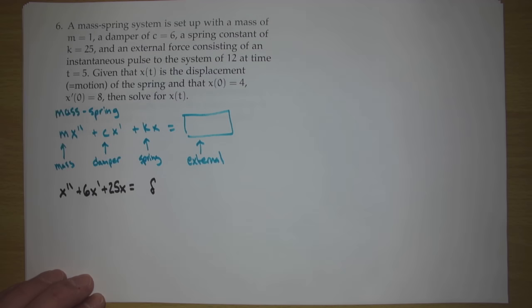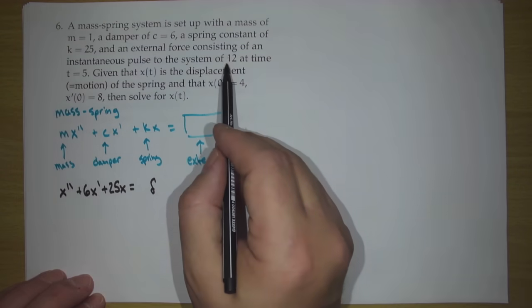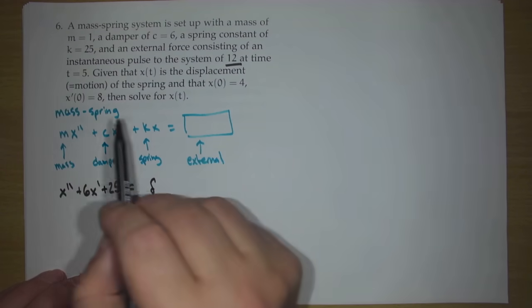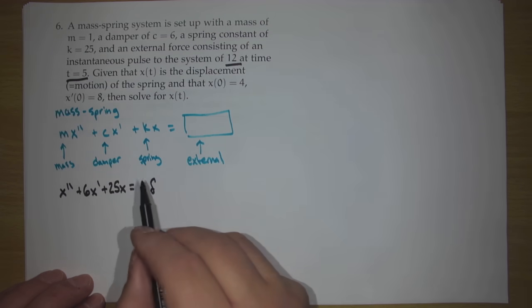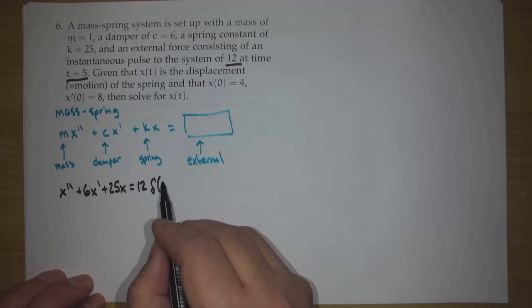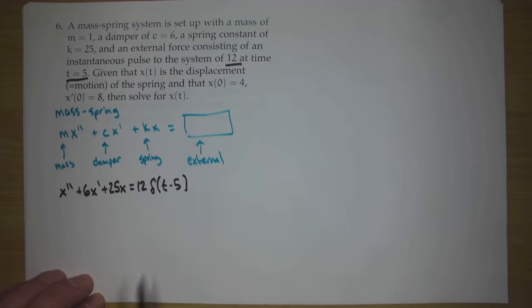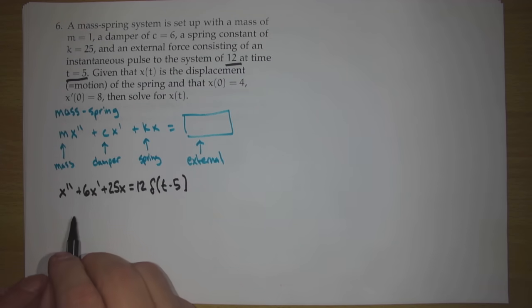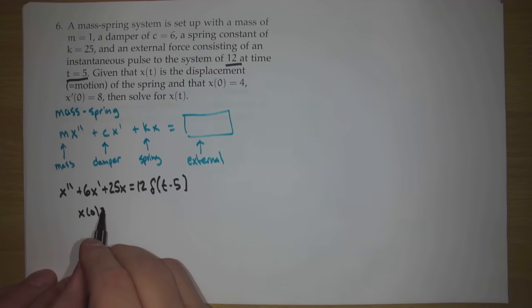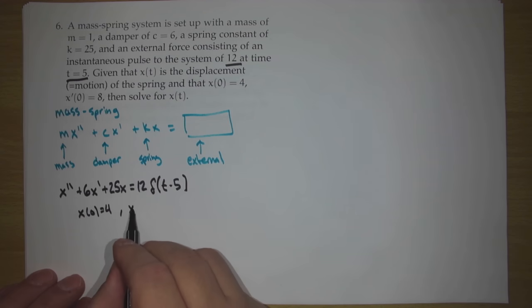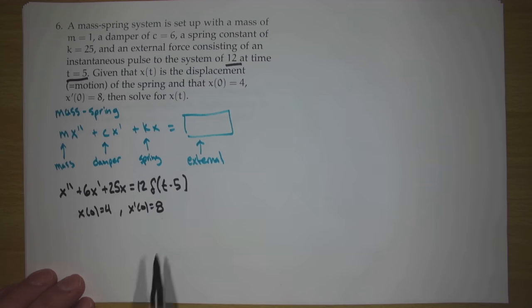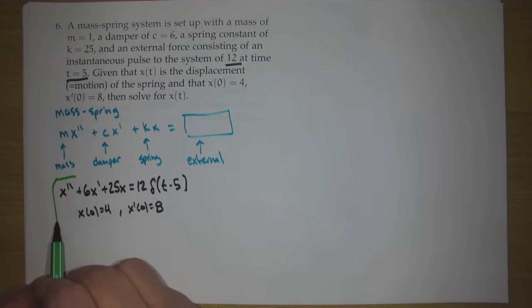How big is the pulse? So that's the 12. When did it happen? That's the time. So 12 delta t minus 5. And we also write here, just for reference, x of 0 is 4, x prime of 0 is 8.